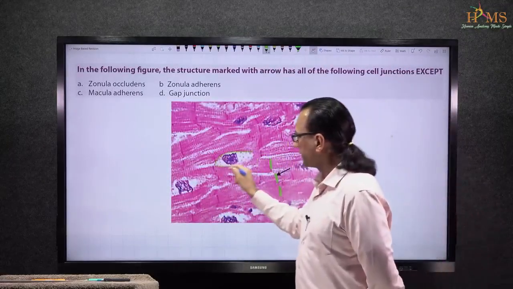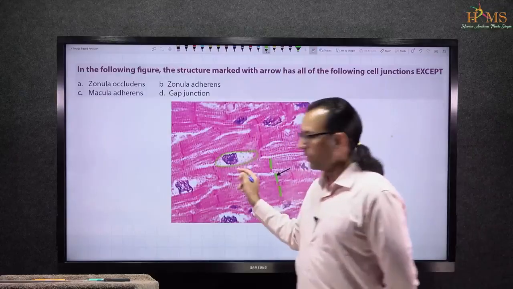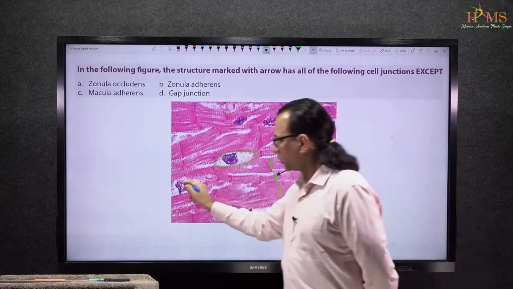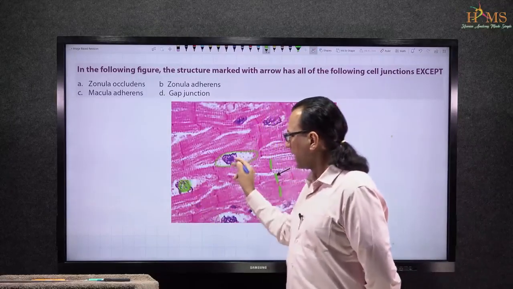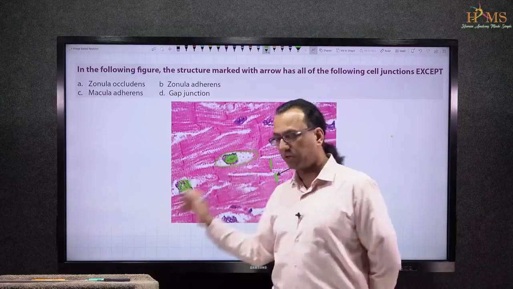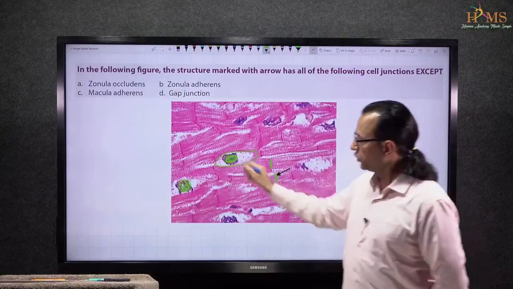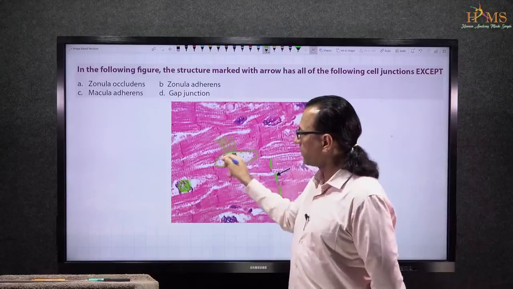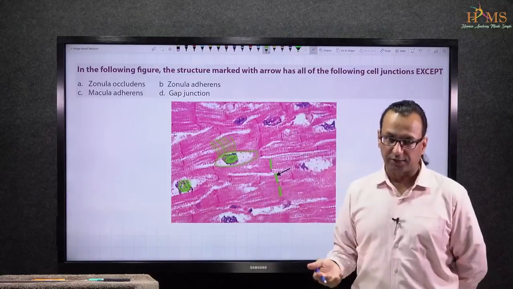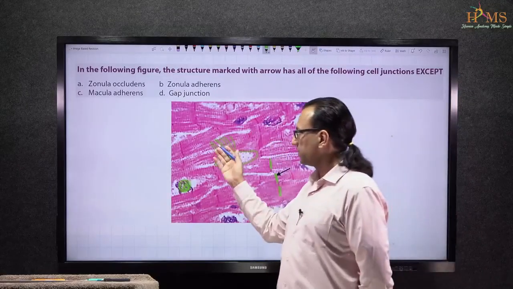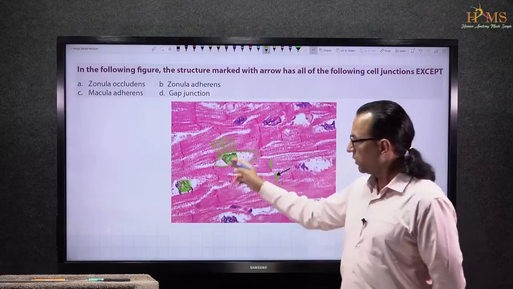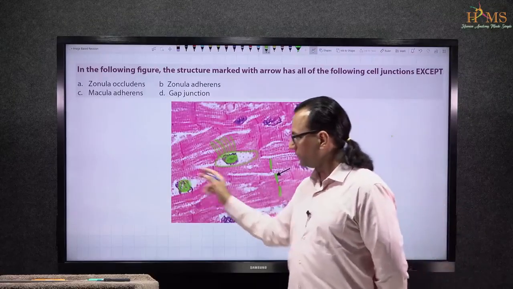You will see that the nucleus has a perinuclear halo, which is a feature of cardiac muscle. Moreover, you see some striations, Z band, I band, A band, that could also be seen in skeletal muscle, but this is not a skeletal muscle because in skeletal muscles, the nuclei will not have a perinuclear halo.